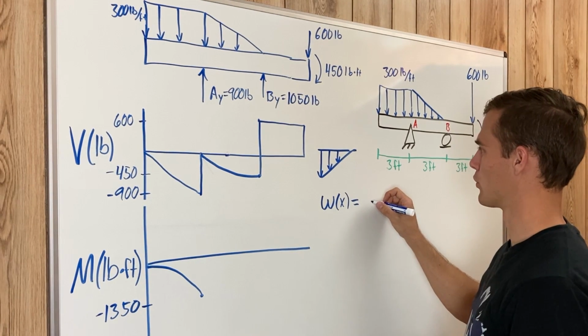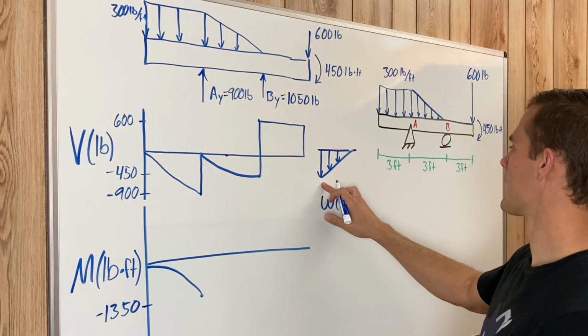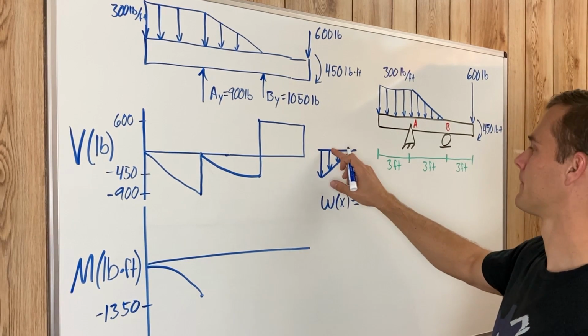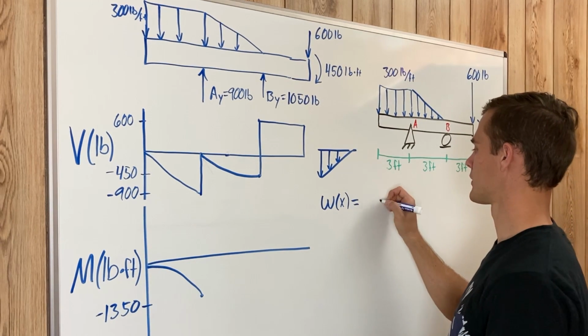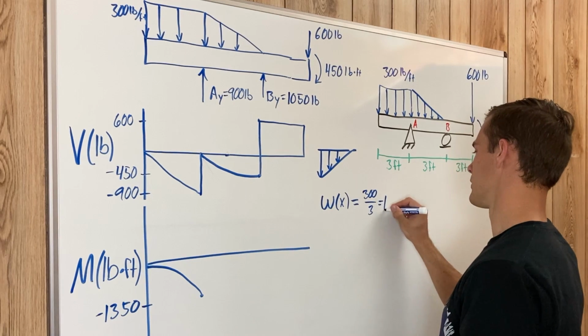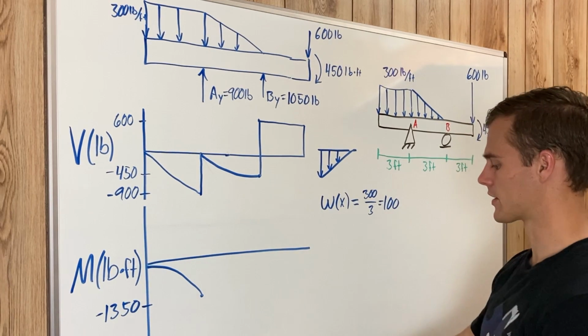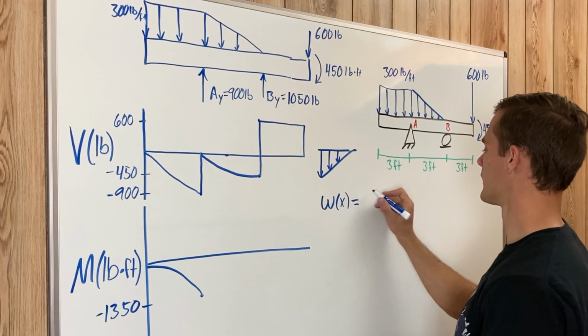So our slope is going up, up 300 and over 3 feet. So rise over run, 300 divided by 3 equals 100. So that is going to be our slope, it is positive 100x.